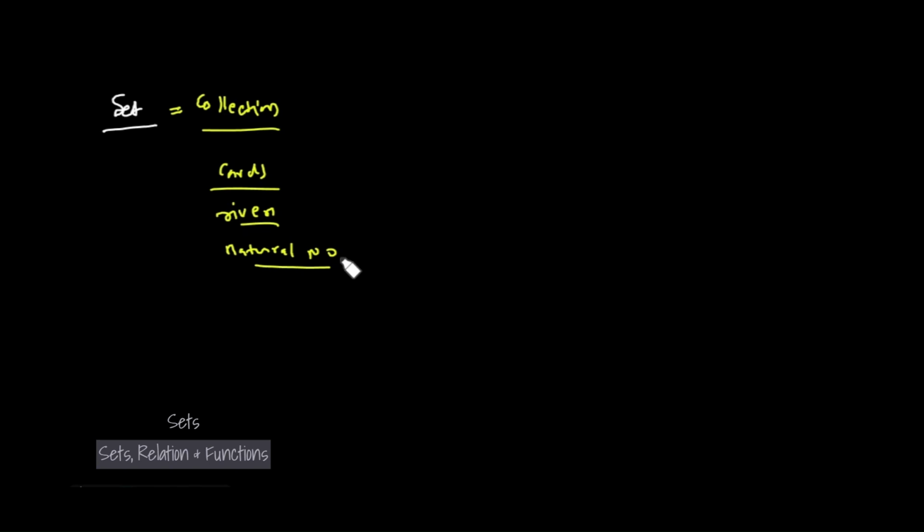A collection is called a set provided that every element of that particular set is well defined. Okay, so we have to now learn what is the meaning of this particular term well defined.